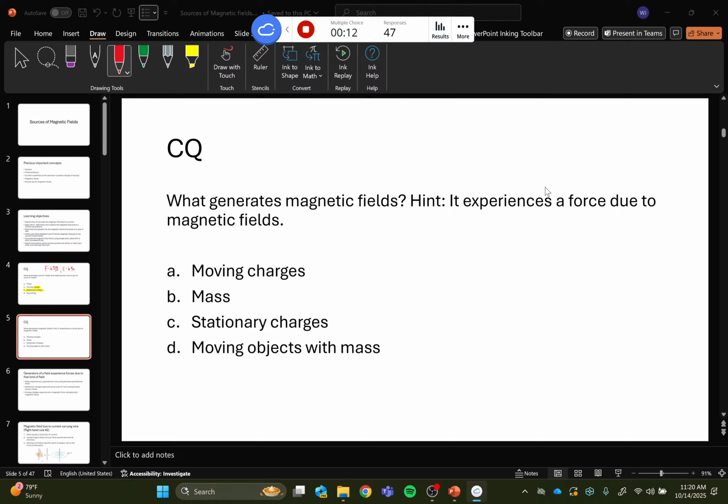Because those are going to be the things that make the fields. All right, give you all 20 more seconds.